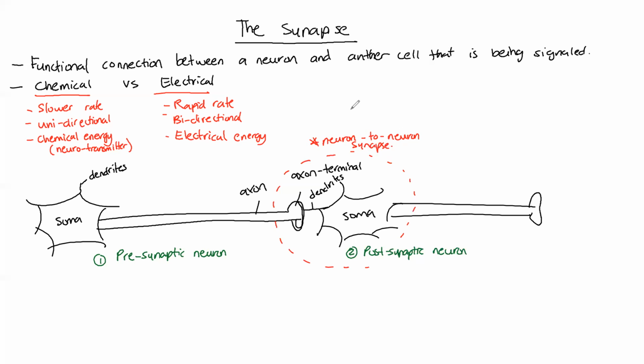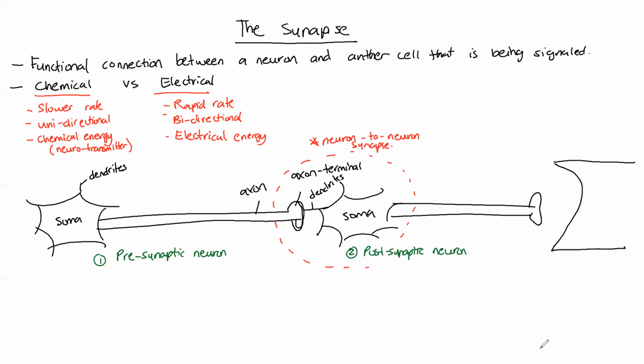But by definition, we can also have a neuron synapsing onto another type of cell. And so that would be a different type of junction here. So we have our axon terminal synapsing onto some type of cell.